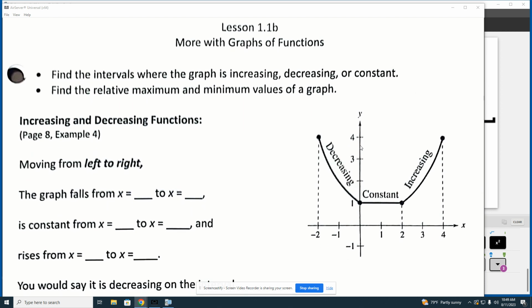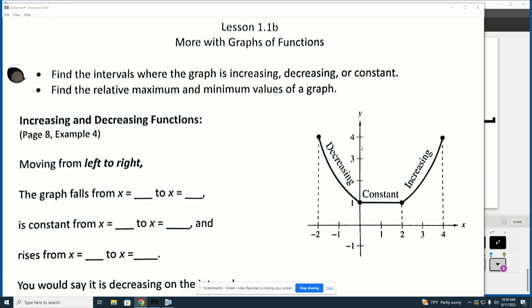Now, first thing, before we get started, I want you guys to remember that when we look at a graph, when we read a graph, we read it just like we read a book. How do you read a book? From left to right. We read a graph the same way. We read a graph from left to right. So when I look at this graph over here to the right, and I think about it from the perspective of, hey, where is it increasing, where is it decreasing, where is it staying constant?